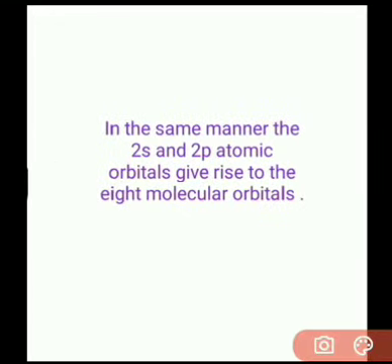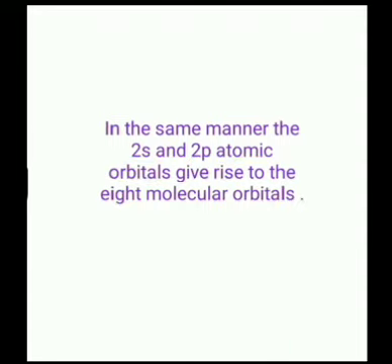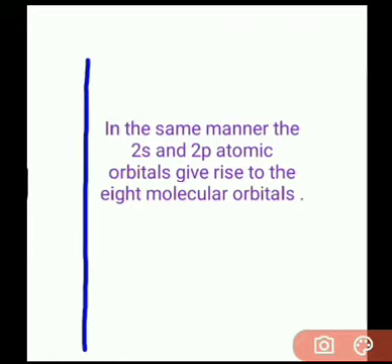Okay, now students, in the same manner, 2s and 2p atomic orbitals give rise to 8 molecular orbitals. What does this mean? Let us see. Suppose this is the energy level diagram, and here is the 1s orbital.